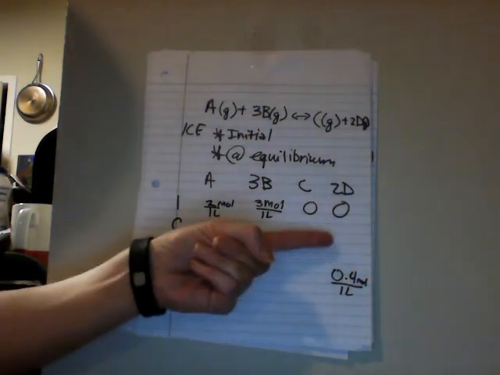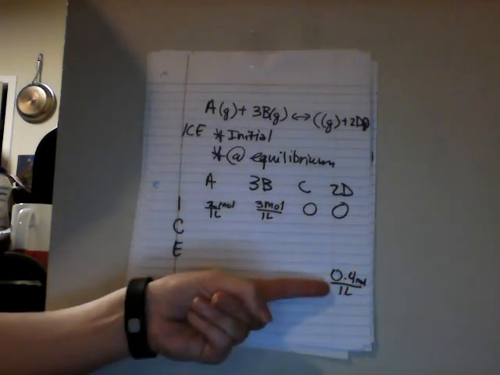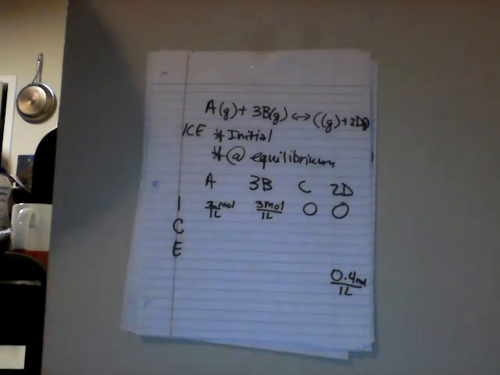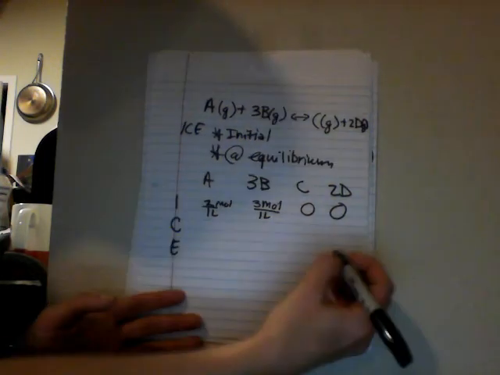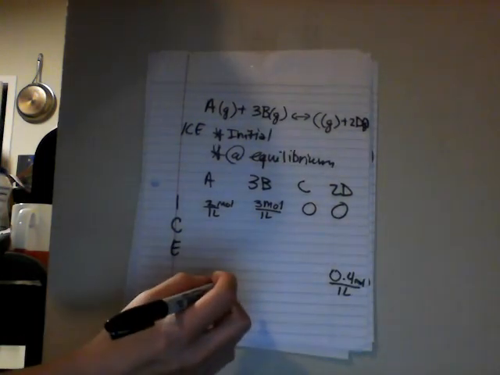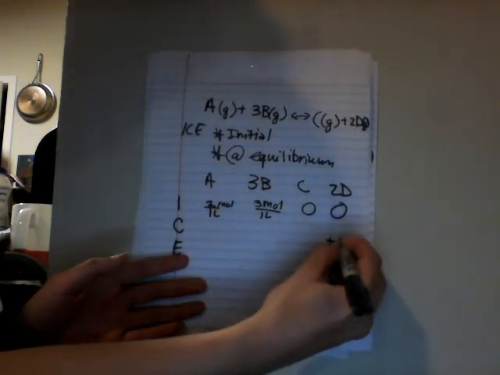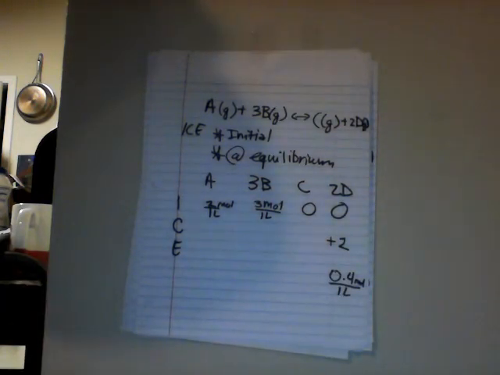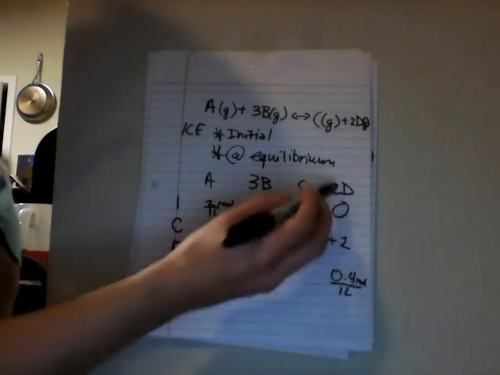So what did I have to do here in order to get to 0.4? In order to get to 0.4, I added 2 times x.